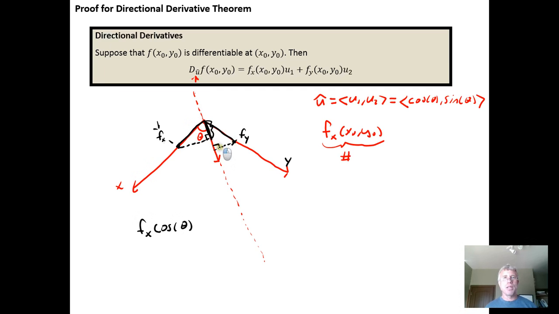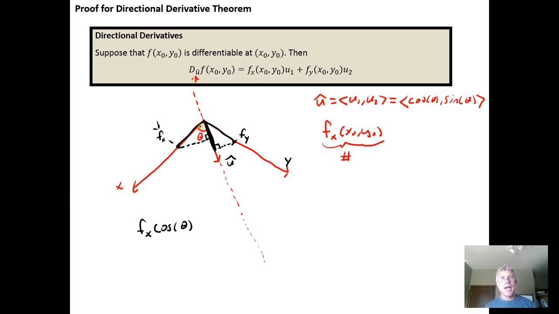Drop that perpendicular, and this black line right here is going to be the component of the derivative in the direction of y that is parallel or contributing to the derivative in the direction of our vector u hat. And so the question is, how could we calculate this length?